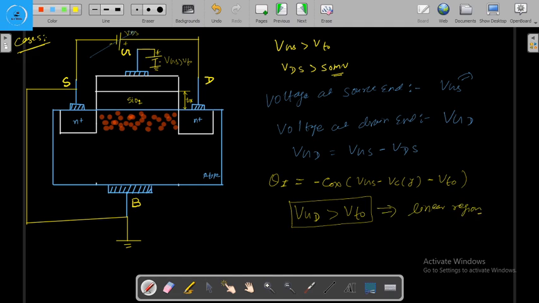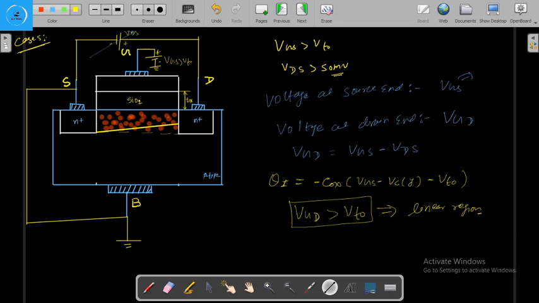In this region, the channel that was present here initially becomes tapered, like this. Why?